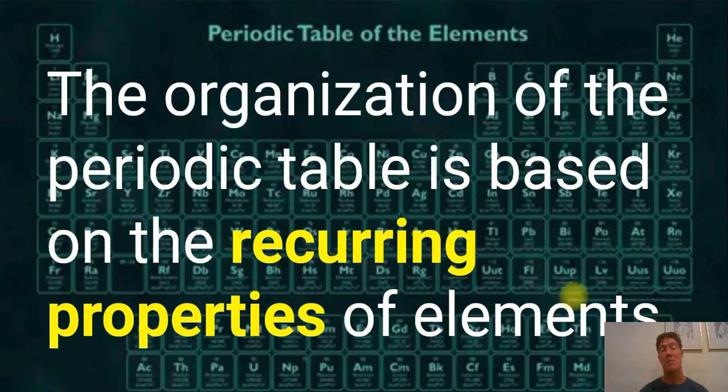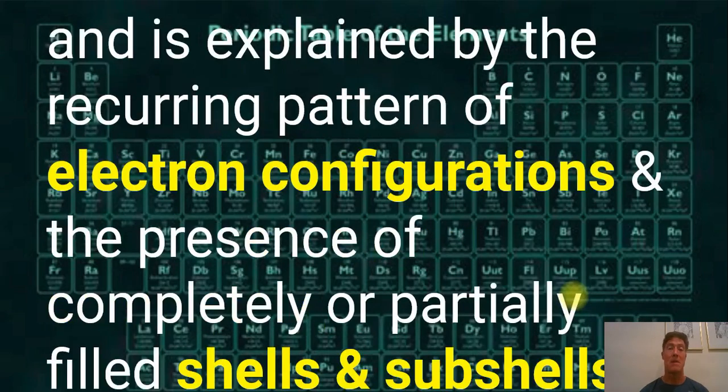Remember, the organization of the periodic table is based on the recurring properties of elements, and it's explained by the recurring pattern of electron configurations and the presence of partially or completely filled shells and subshells.